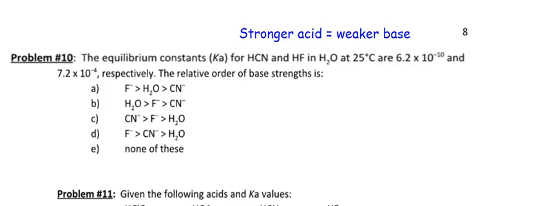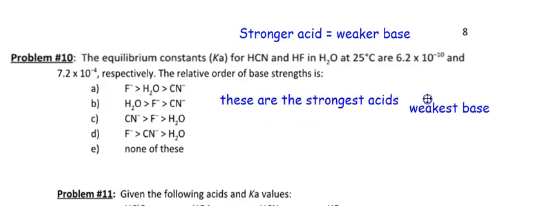All right, well, let's check this out. If I have the strong acids here, what's going to happen next? The strongest acids will give you the weakest base. So which is my strongest acid here? HF. Yeah, it's pretty strong, 10 to the -4th.